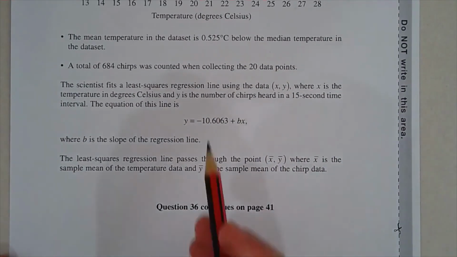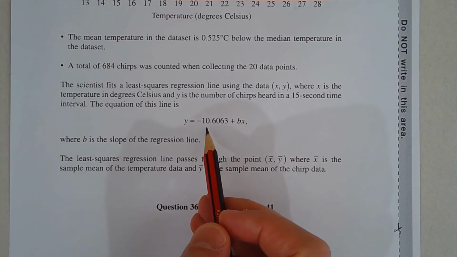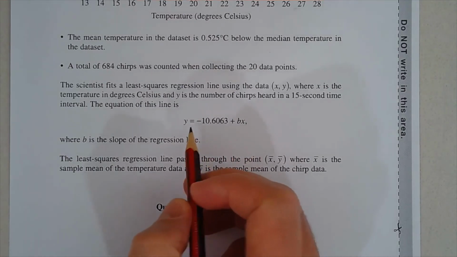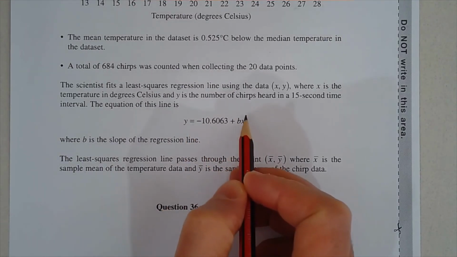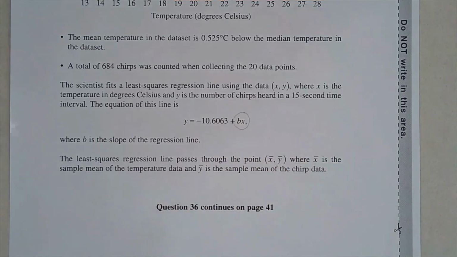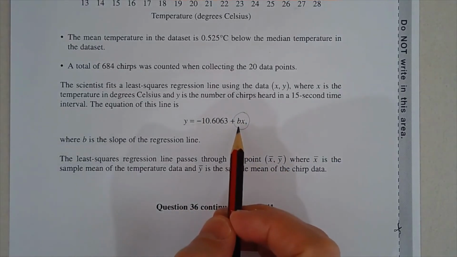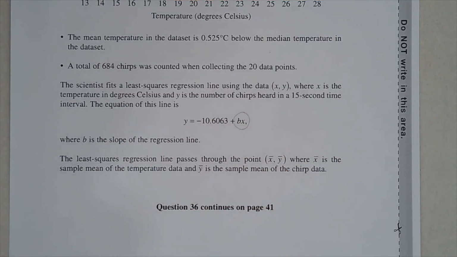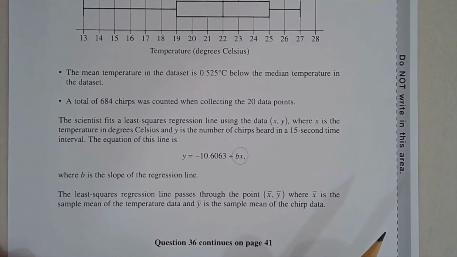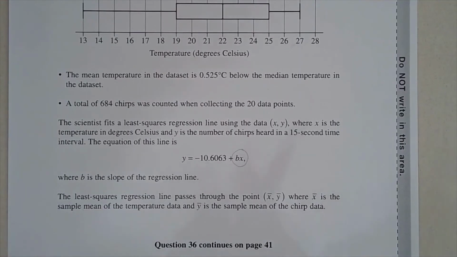Going back to our equation of the regression line, it hinges on this. We need to find the value of b, or the gradient of the line. Now, working backwards even further, in order to calculate b, we need x bar and y bar.